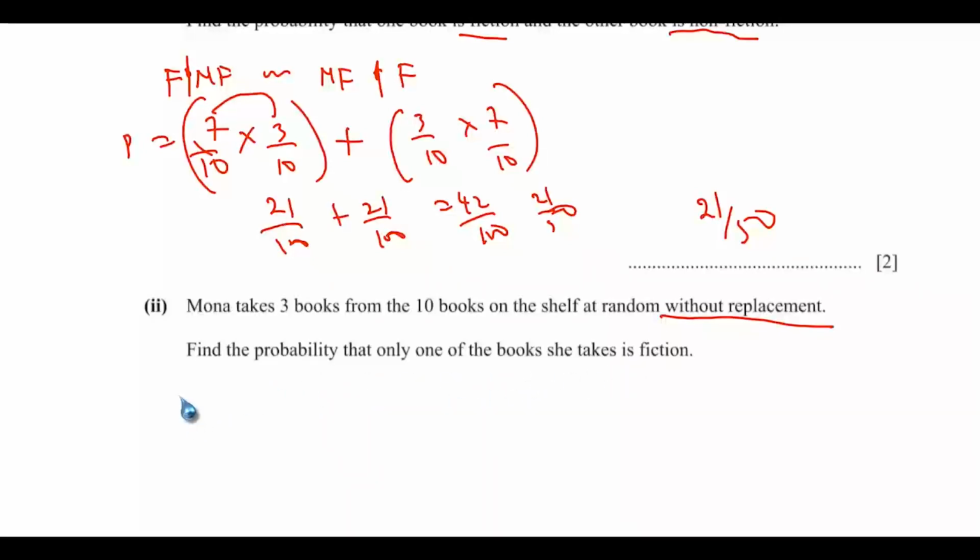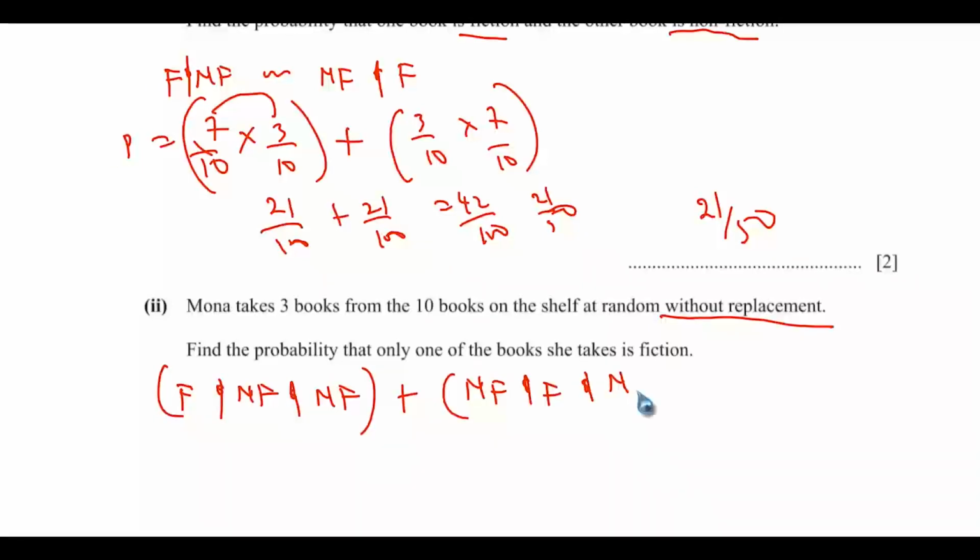Okay, so that means the first one is fiction, and the second is non-fiction, and the third is non-fiction. So this is one way. Or, which is plus, the first one is non-fiction, then the second one is fiction, and the third one is non-fiction.